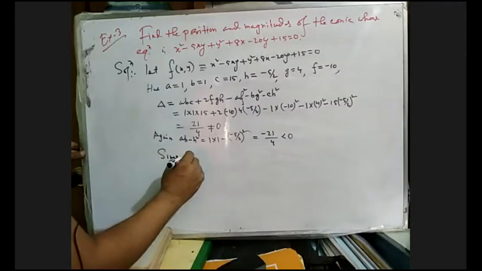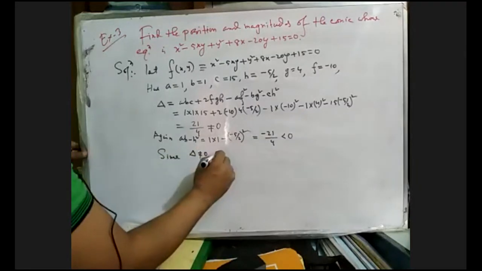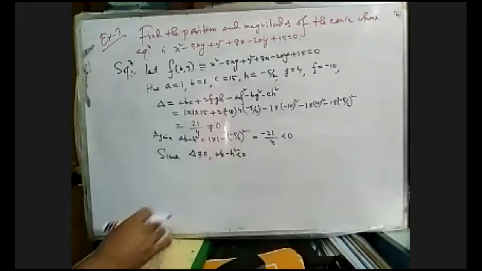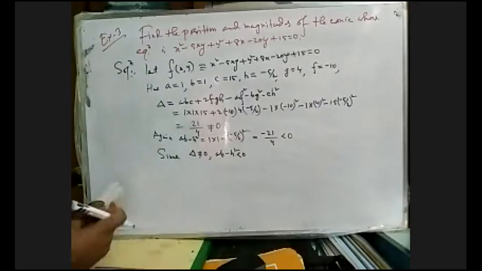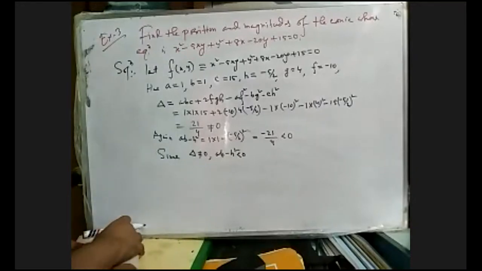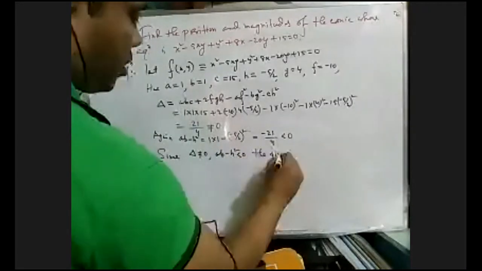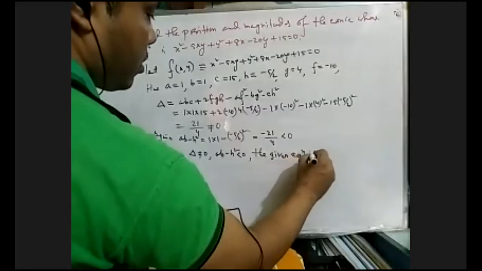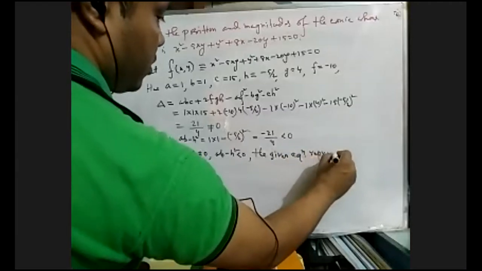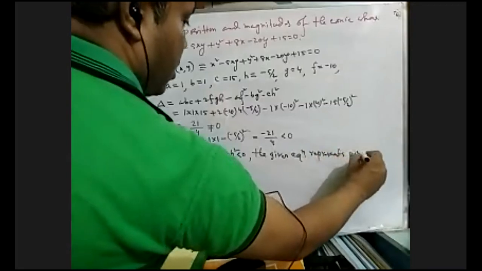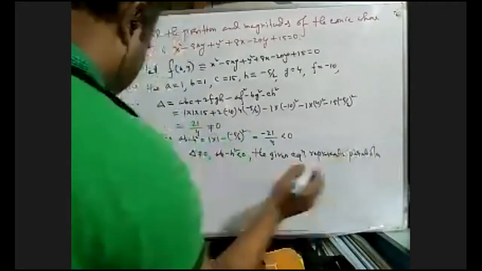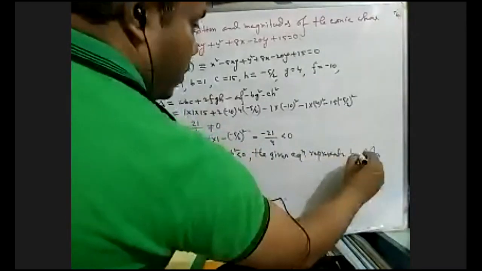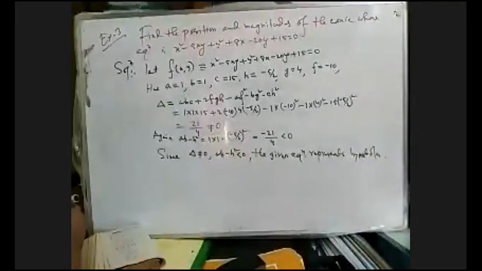Since the determinant is not equal to 0 and ab minus h square is less than 0, the given equation represents a parabola. Okay, sorry, hyperbola.